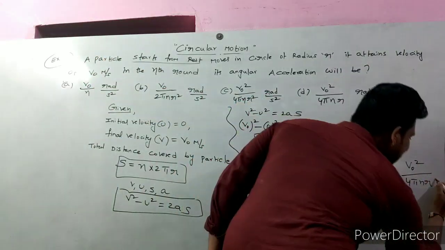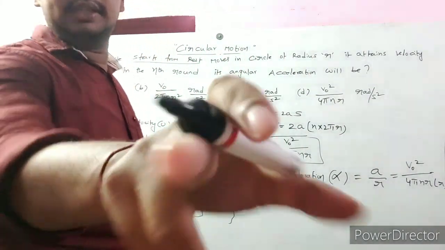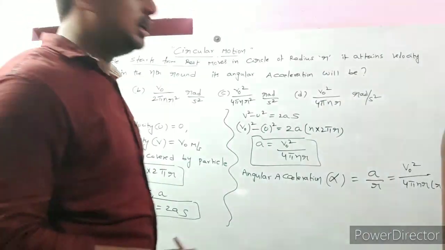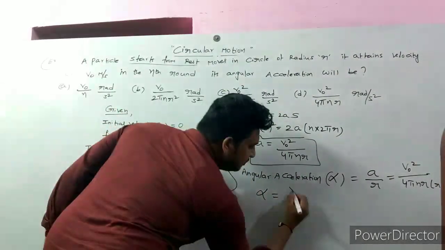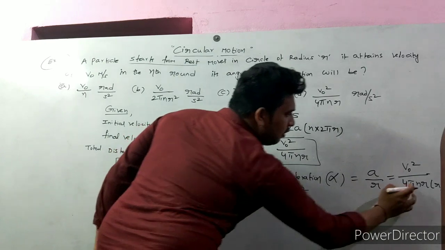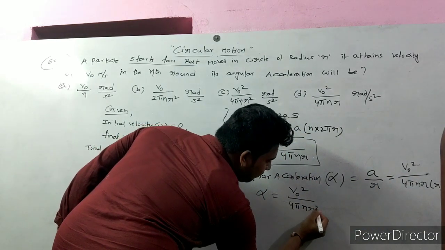That means r is multiplied with the denominator, right? So finally we got angular acceleration alpha is equal to v naught squared by 4 pi n r squared.